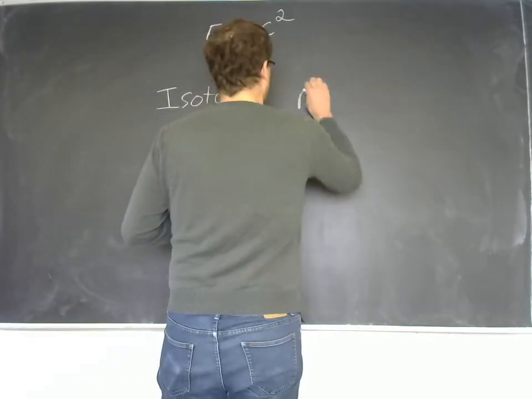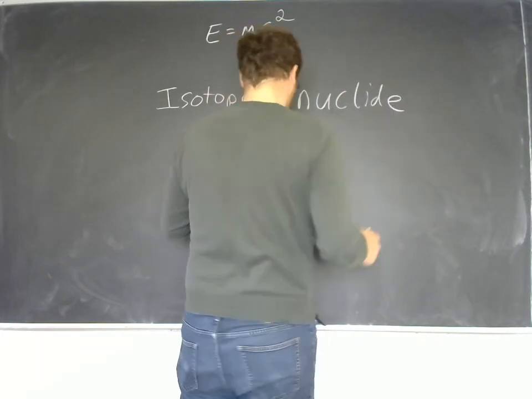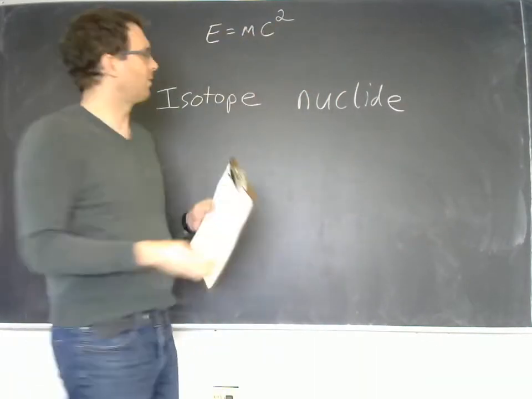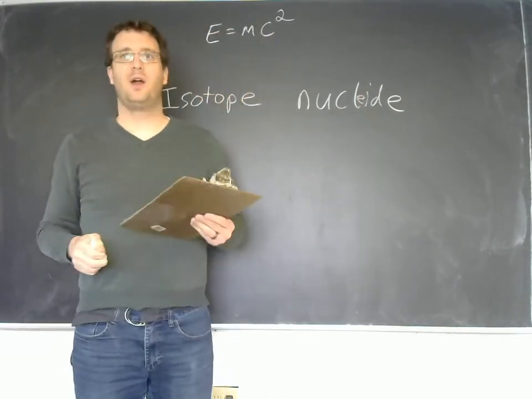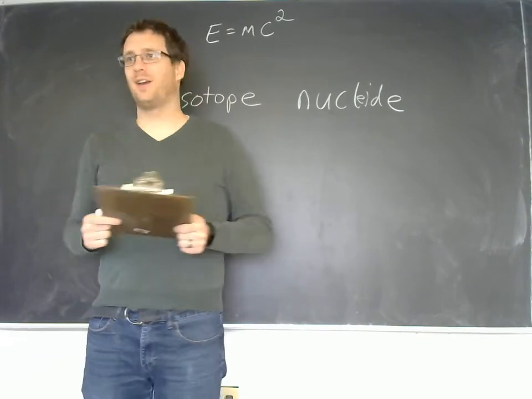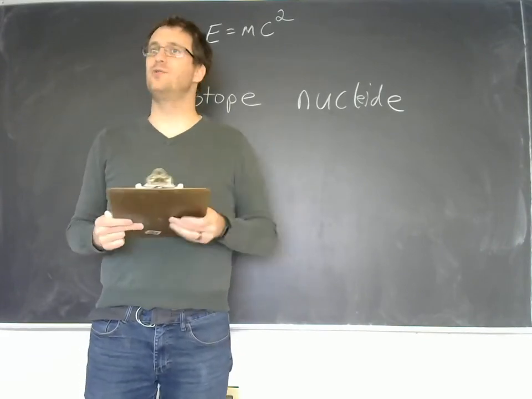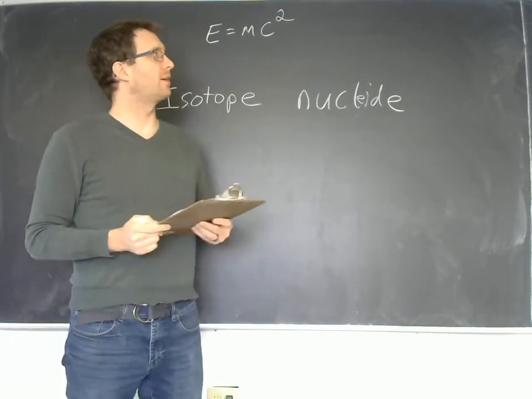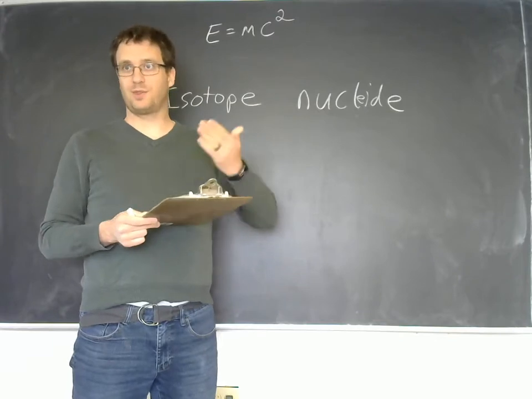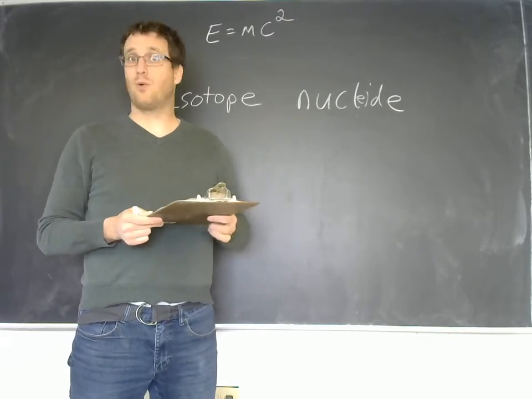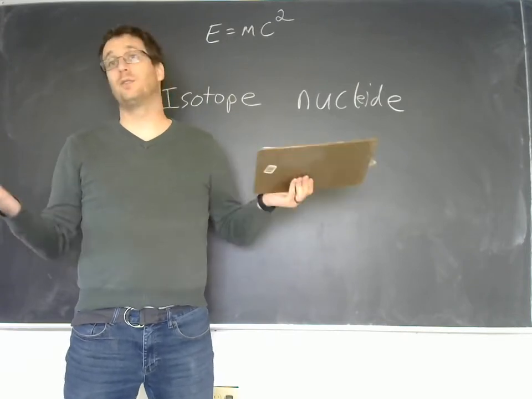A nuclide, or should it be nuclide? I'm actually not sure. Sorry, double checking your book. A nuclide refers to just the nucleus. And so a carbon-12 nuclide is the 6 protons with the 6 neutrons and no electrons, or the number of electrons is irrelevant, whether it's positively charged or negatively charged.